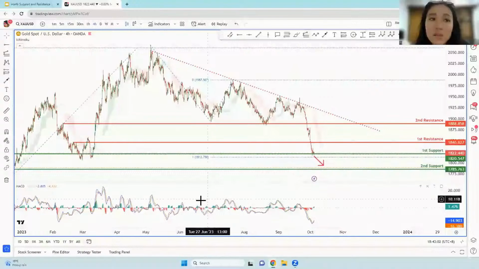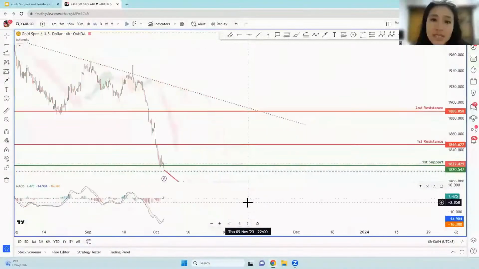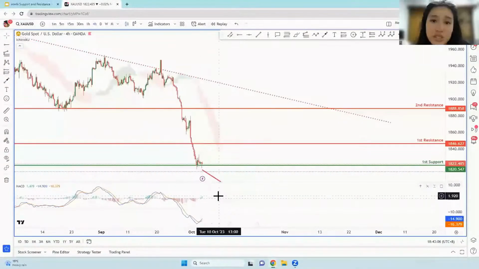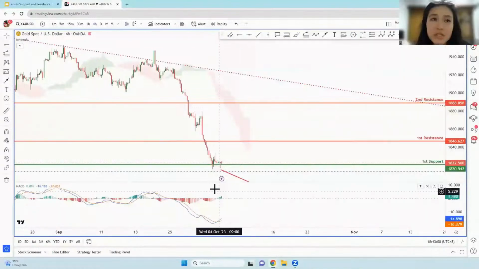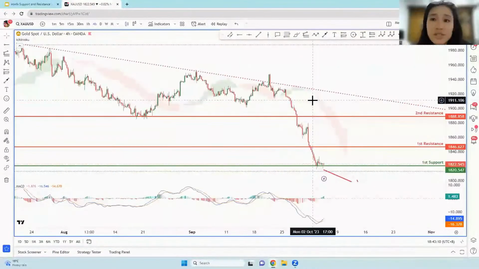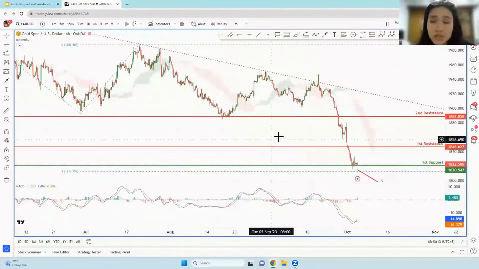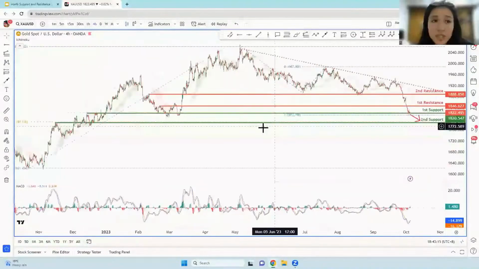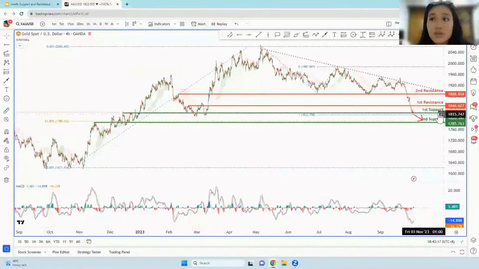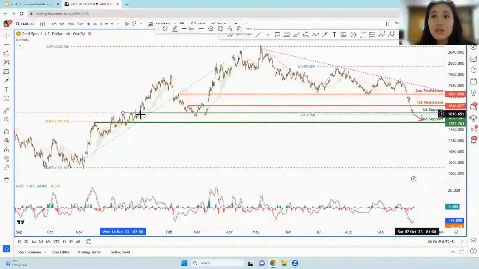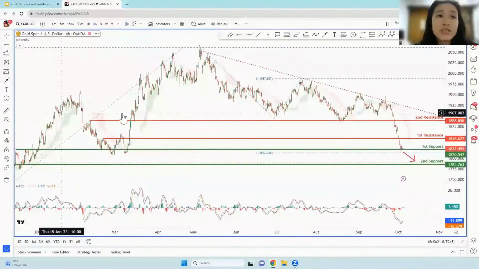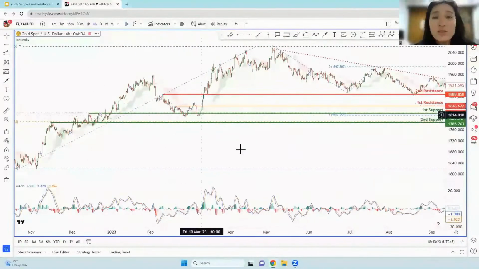But over here, our MACD is giving us a bit of a bullish signal. You can see from the green here. And the reason for that actually could be because, as I mentioned earlier, our first support is here. It's a pretty significant level with the swing highs and swing lows.